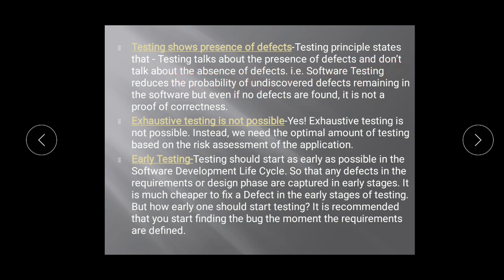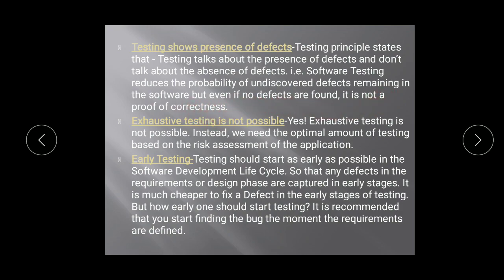Testing always raises the query that yes, a defect is there and we have to solve it. It will never say that a defect is not present. That is, software testing reduces the probability of undiscovered defects remaining in the software, but even if no defects are found, it is not a proof of correctness.